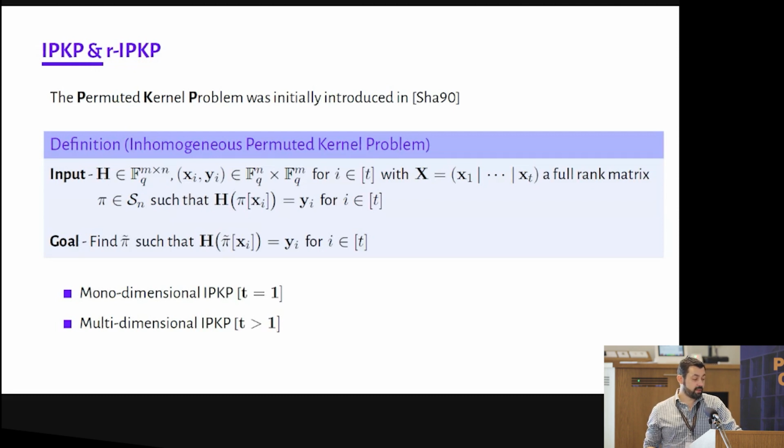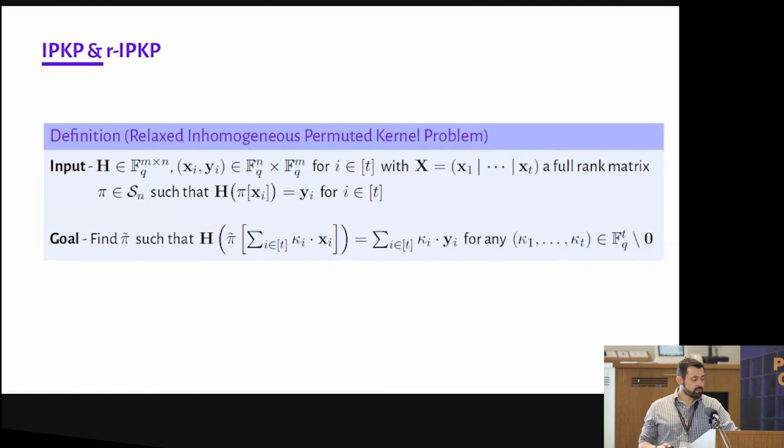Let's see what we are using as a variant. What we have called the relaxed PKP problem is the following. All the inputs are exactly the same as in the PKP problem, but what you are asking of the adversary is a bit different here. You are asking to find a matching permutation for a linear combination of the x_i.